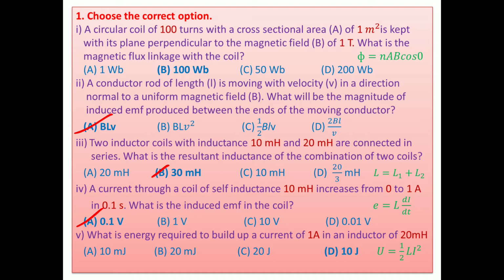What is the energy required to build up a current of 1 ampere in an inductor of 20 millihenry? The formula of energy is half L i square. L is 20 into 10 raised to minus 3, current is 1, and half is there. 20 upon 2 means 10 into 10 raised to minus 3, which means 10 raised to minus 2 is the answer.